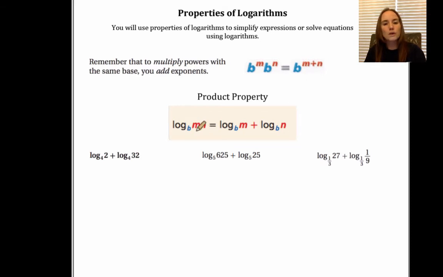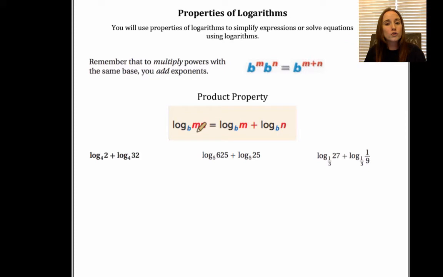So the rule is, if you have the same base, so log base b of m plus log base b of n, then you can combine them into one log using that base and then multiply the m times the n.